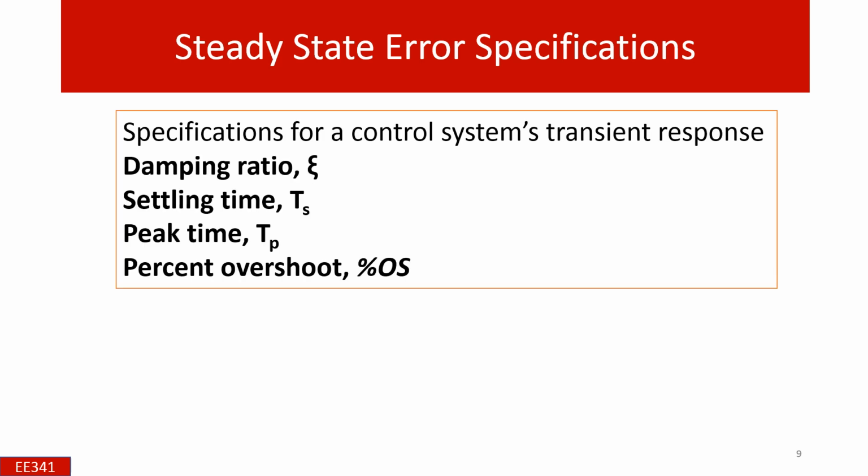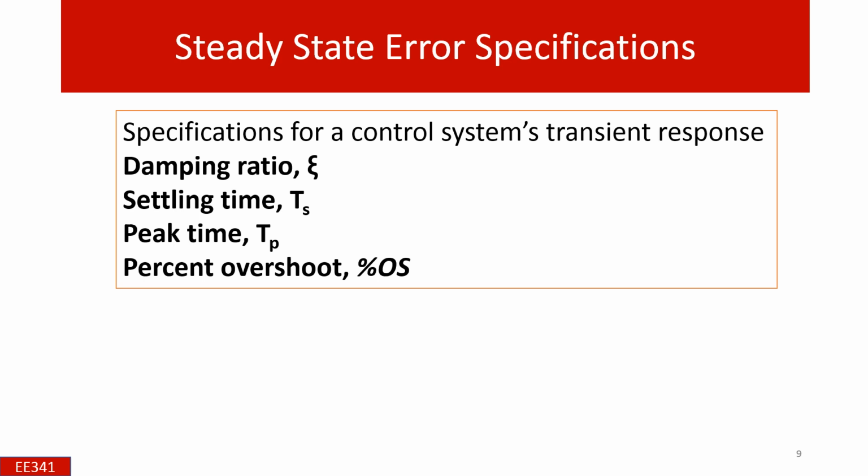and the transient analysis. We see that the transient response of a control system is specified, and definitely it varies, and the response will change accordingly with the damping ratio, settling time, peak time and percentage overshoot. If we are considering the transient analysis, then these parameters are definitely important.